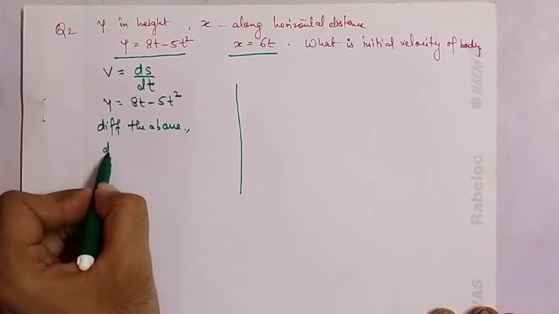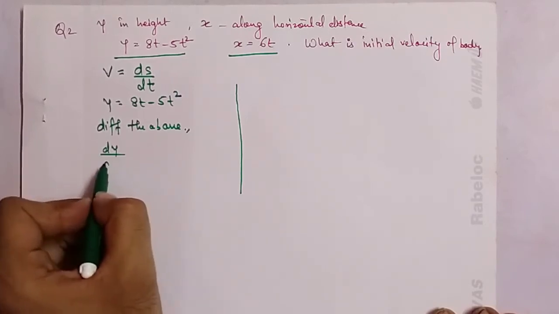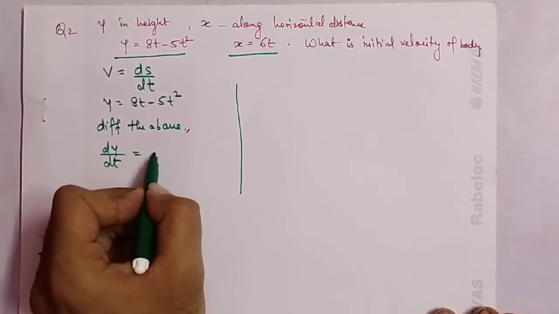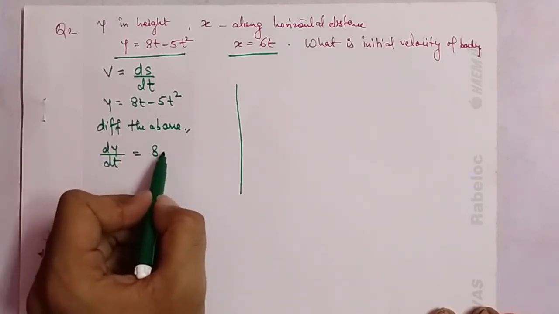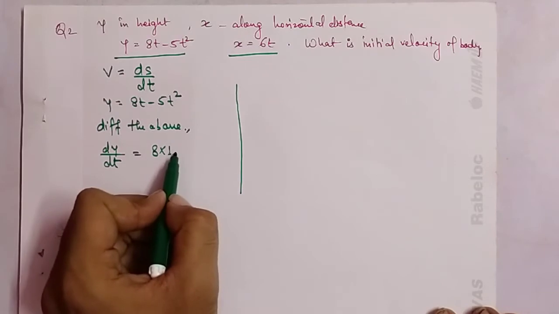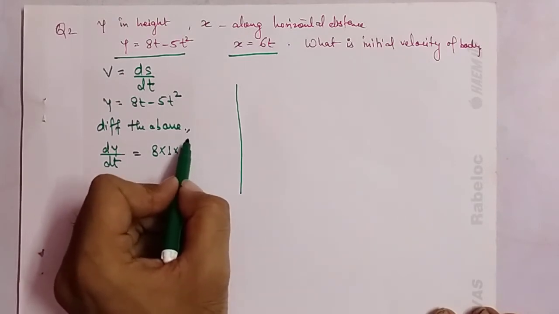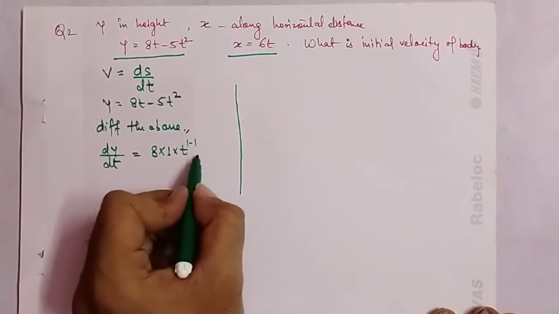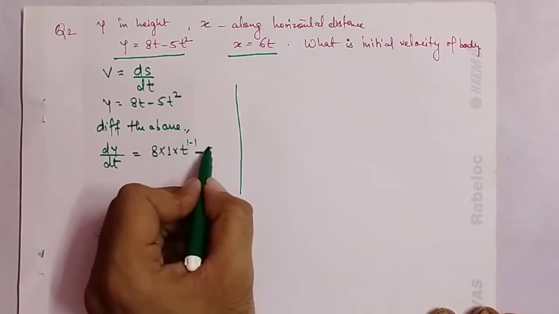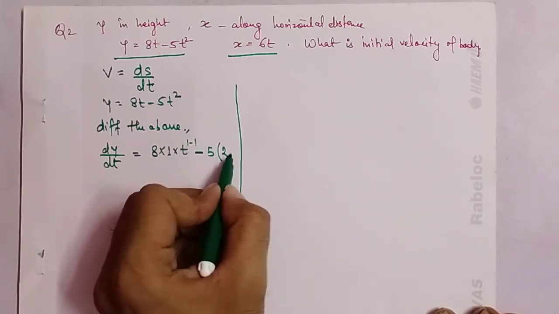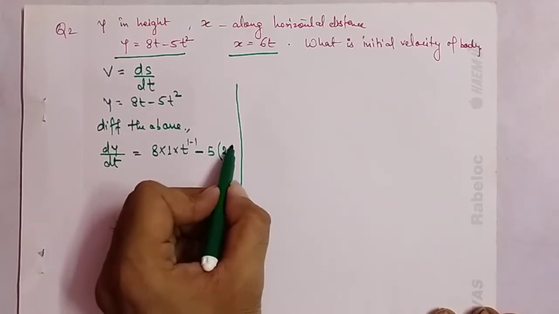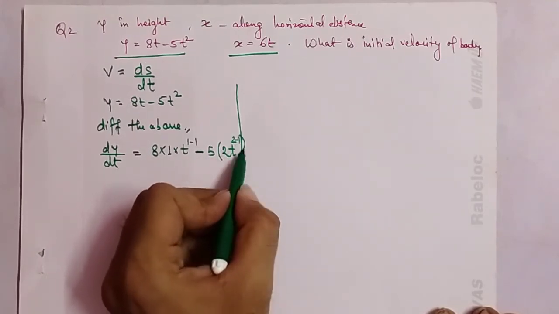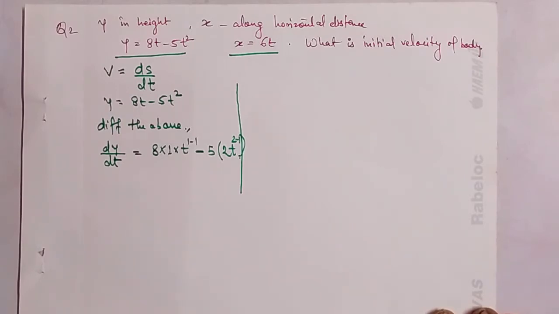What we will get is dy upon dt, and you can see the t has a power 1, so 1 will come in front, and the power of t becomes 1 minus 1. Similarly for 5t square, you bring the 2 in front, and the power of t becomes 2 minus 1. So this is the way to do the differentiation.